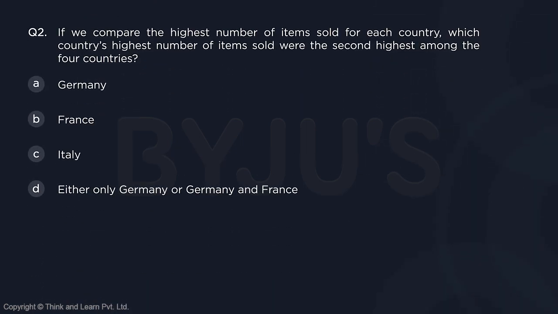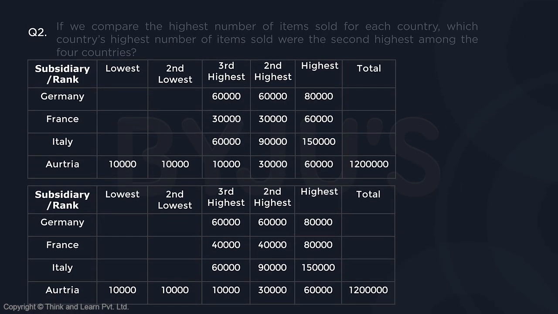Second, if we compare the highest number of items sold for each country, which country's highest number of items sold was the second highest among the four countries? Highest is definitely 1,50,000. Second highest, here it is 60,000.